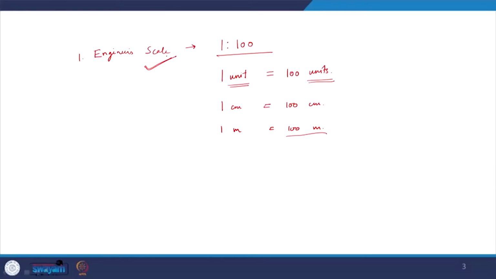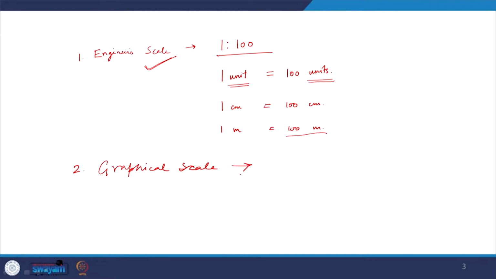Now, it could be represented as an engineer's scale, which is just simply written as a number, or the second one is a graphical scale. Now, this is something that we usually use.